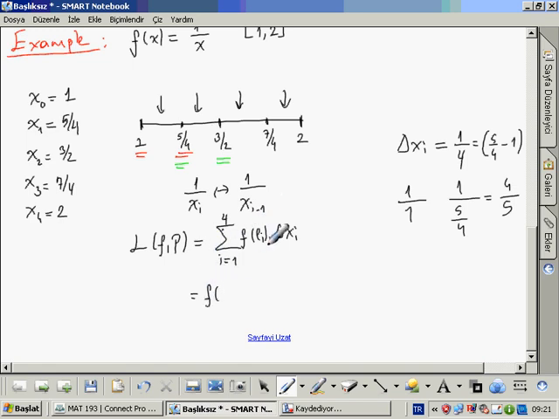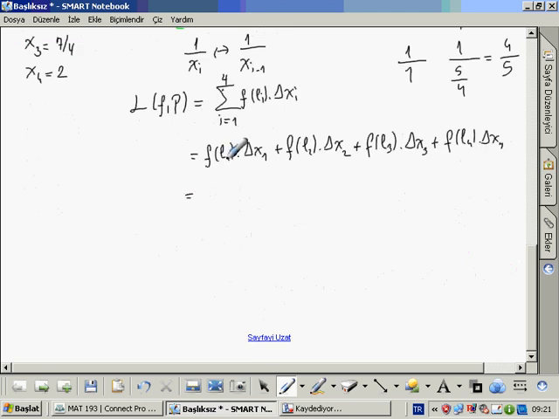F of L1, let me write it, f of L1 times delta x1, and plus f of L2 times delta x2, and plus f of L3 times delta x3 plus f of L4 times delta x4, okay, and this will be f of 5 over 4 times delta x1.